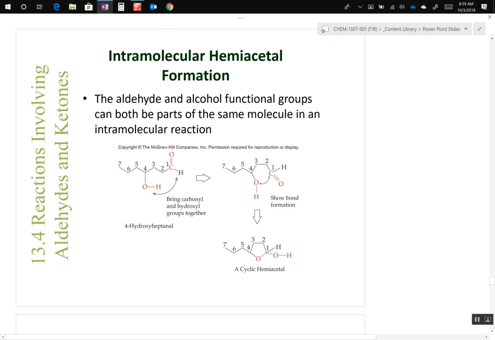So here, for example, you have an aldehyde, and here is the alcohol OH group. And the alcohol, carbon 4, right, is going to react to carbon 1 here of the aldehyde.